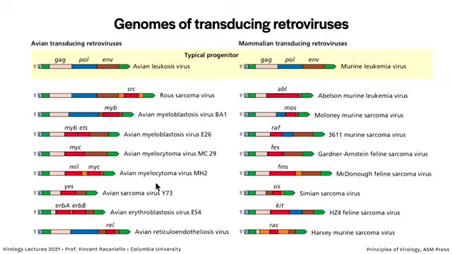And then, of course, the birds didn't get all the attention. People looked at mammalian transducing viruses in mice and cats and non-human primates. So here, for example, a murine leukemia virus, and then derivatives, which can lead to tumor formation, here with different oncogenes picked up in them.